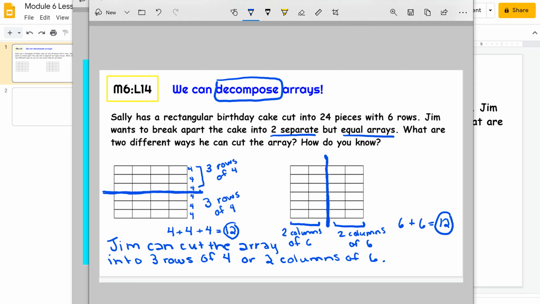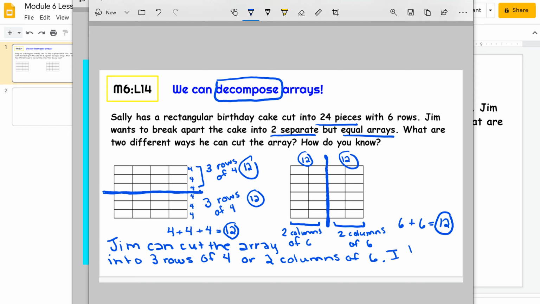Now, we know that this will work because 12 plus 12 gives you the whole of 24 pieces, which is in the problem. And similarly, if we broke it apart into the columns, 12 and 12 would give you the 24 again.